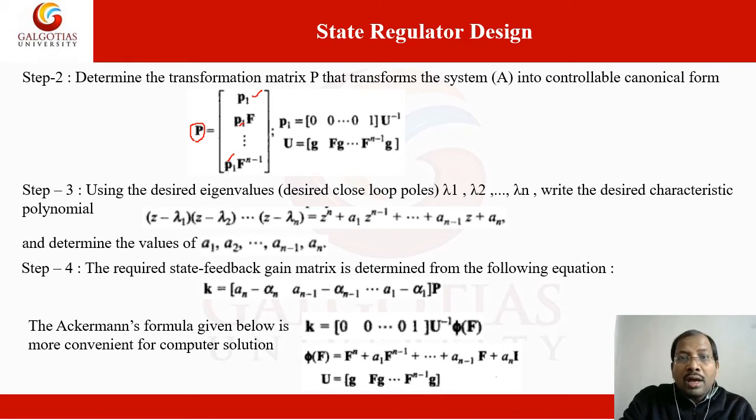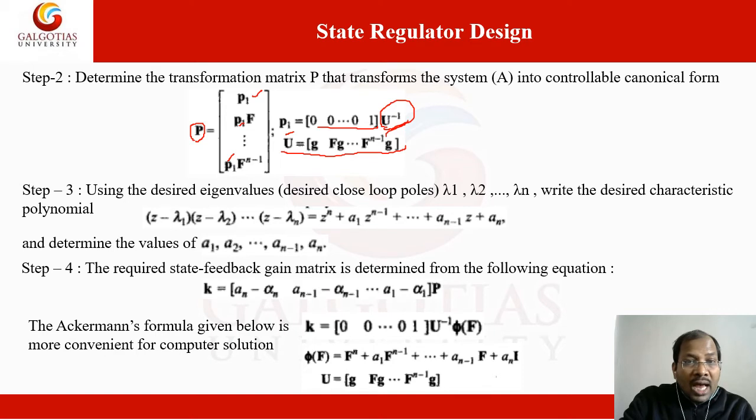U is the controllability matrix, U = [G FG ... F^(n-1) G], and we take its inverse. We multiply the small p1 with this inverse of the controllability matrix, and then we get the capital P. This is the second step.